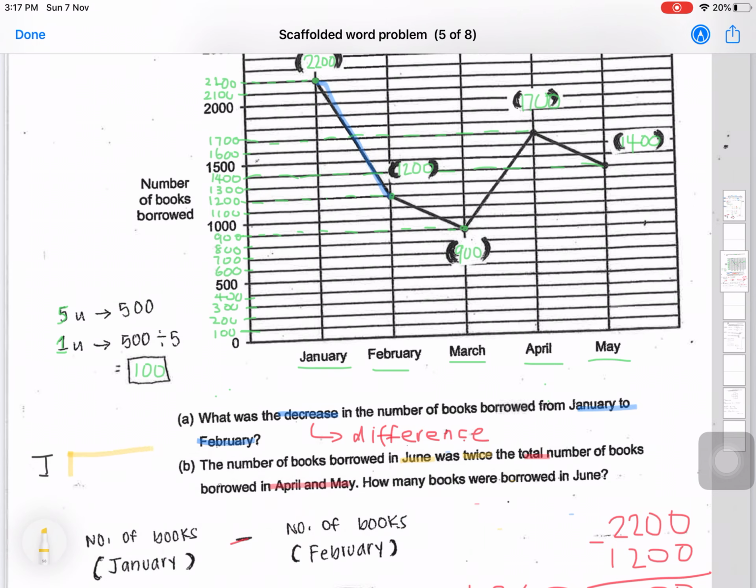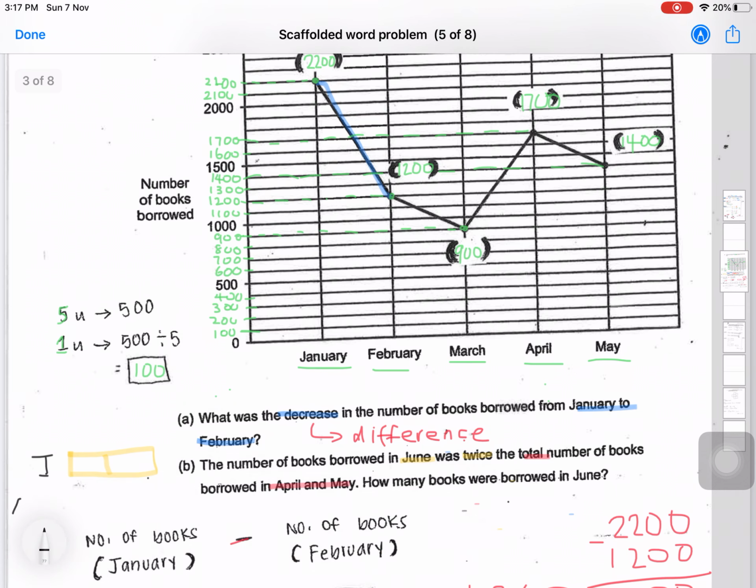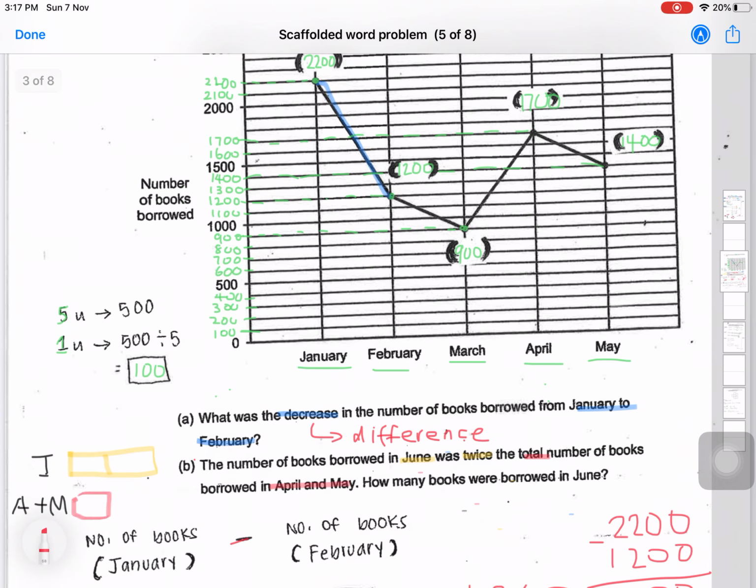Let's draw 2 times. Twice the total number of books borrowed in April plus May. This is what it means. So June has 2 units and April and May's books is 1 unit.